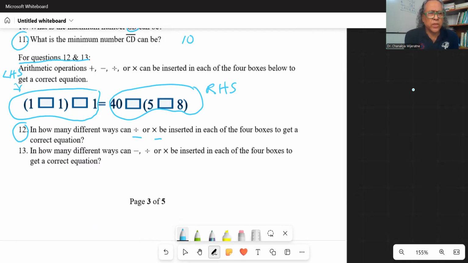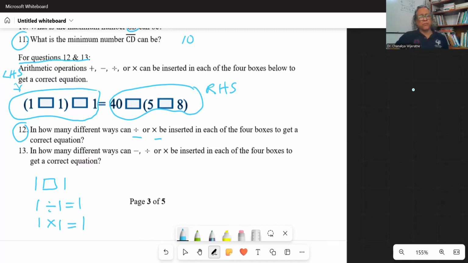So we have 3 ones on the left-hand side. With division or multiplication we have to get 1, because 1 divided by 1 is 1, and 1 multiplied by 1 is 1.